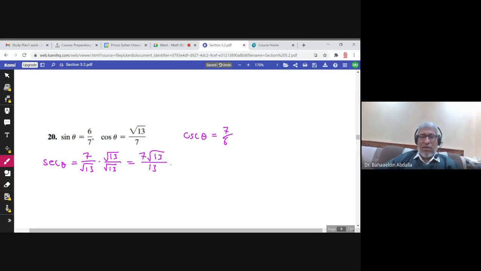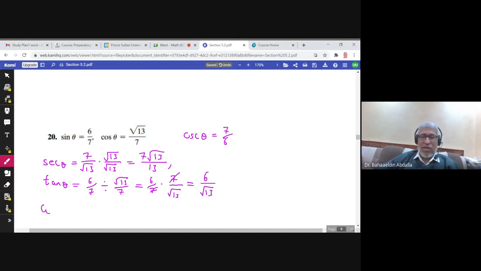Now I need to find tan theta. Tan theta is sine over cosine. So it's 6 over 7 divided by square root of 13 over 7. Then the division will be changed into multiplication by the reciprocal, so times 7 over square root of 13. 7 cancels with 7, and the answer would be 6 over square root of 13.